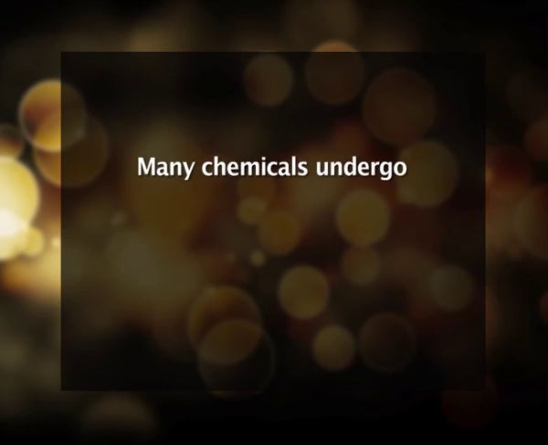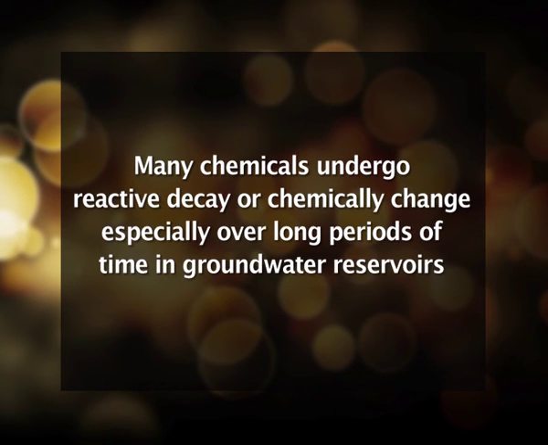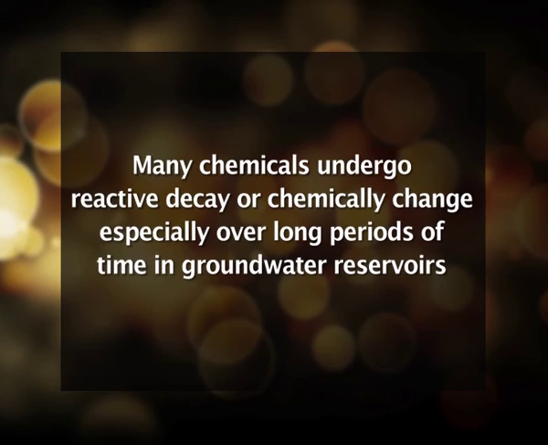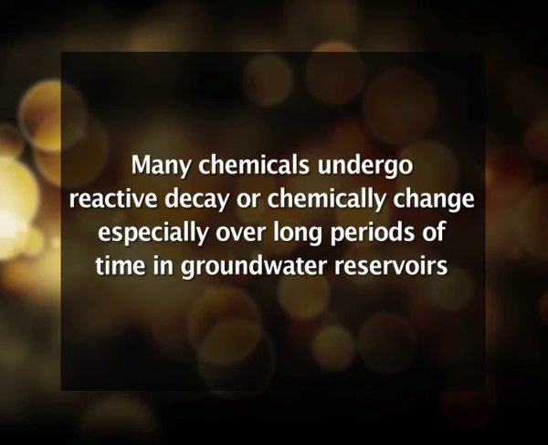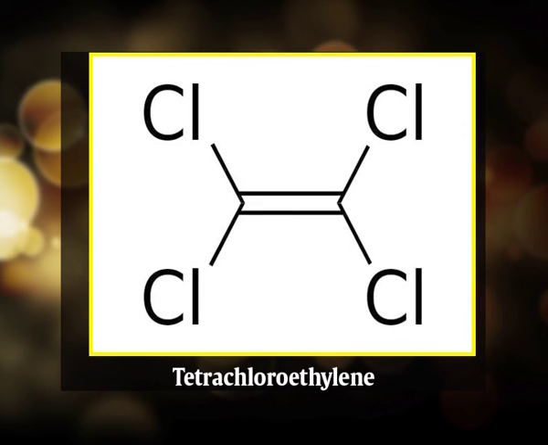Many chemicals undergo reactive decay or chemically change, especially over long periods of time in groundwater reservoirs. A noteworthy class of such chemicals is the chlorinated hydrocarbons such as trichloroethylene and tetrachloroethylene.